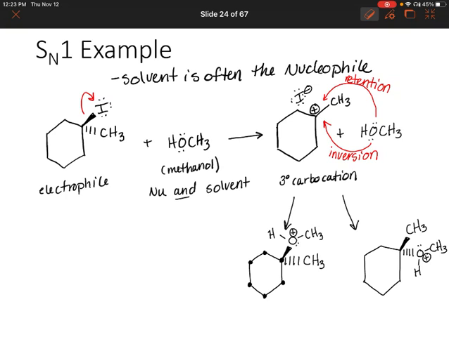So the only 2 options left are constitutional isomers or identical. So which one do you think it is? Well, if we had constitutional isomers, we would have different connectivity of the atoms, but we have exactly the same connectivity of these atoms. So these are not constitutional isomers. In fact, they are identical.